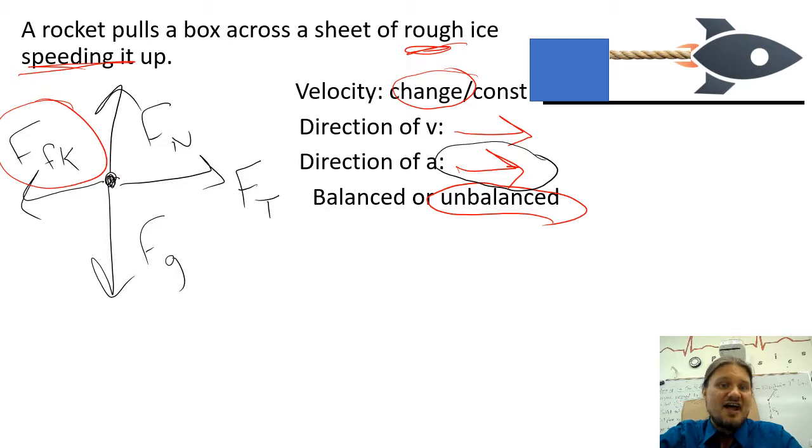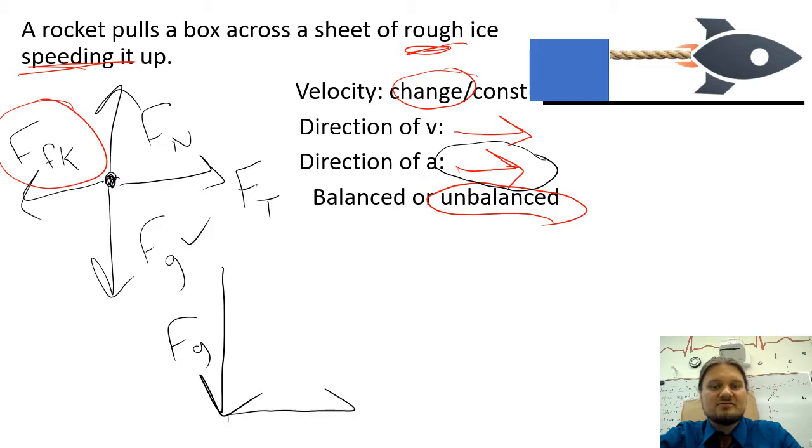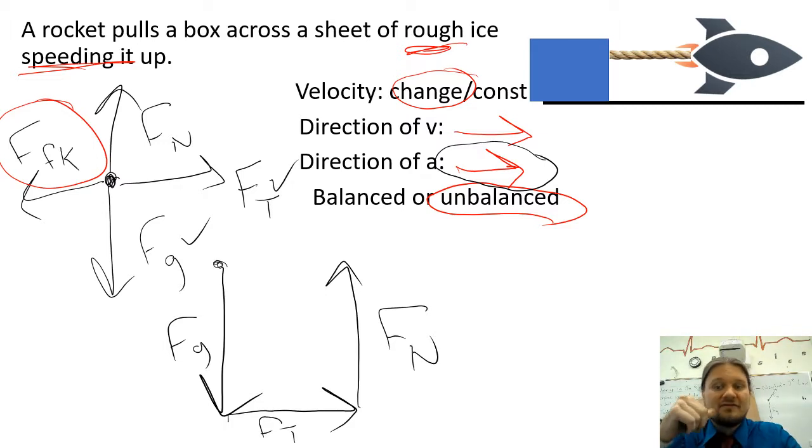That's going to change how I draw one of my vectors. It starts out pretty familiar. We'll start off with FG. I'll do my tension vector. I'm going to do my normal force. And this is where it's going to get different. If the forces were balanced, I'd have to end my diagram right here, and my friction vector would go all the way out there.